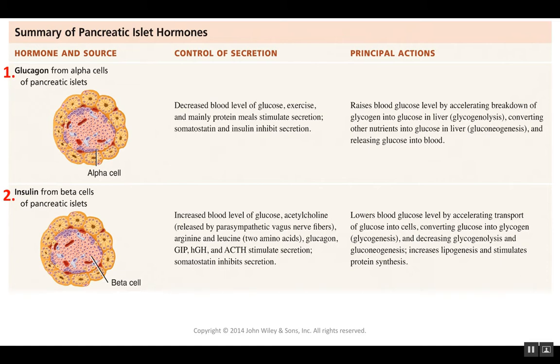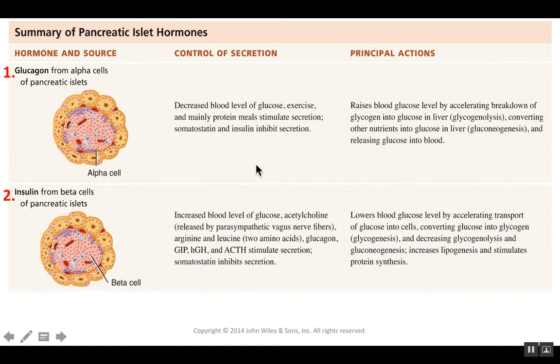For instance, if you go a certain length of time without consuming carbohydrates, your blood sugar drops very low. Let's say it drops to 70 milligrams per deciliter. That's a fairly low blood sugar. In order to keep that blood sugar from dropping even below 70, glucagon stimulates the liver.